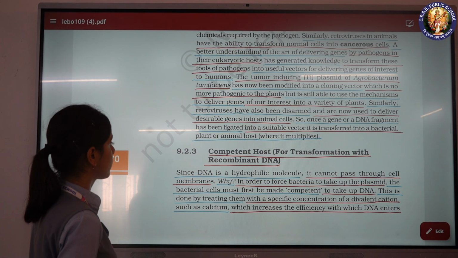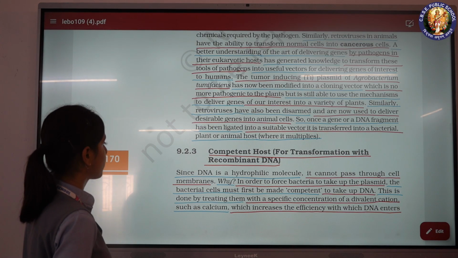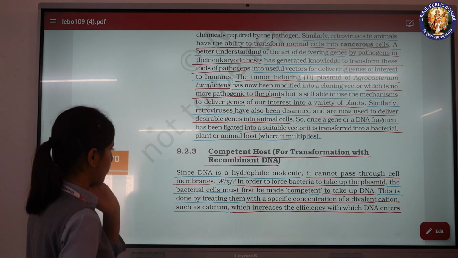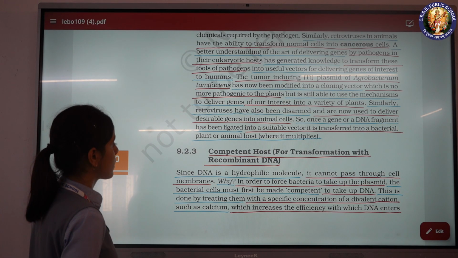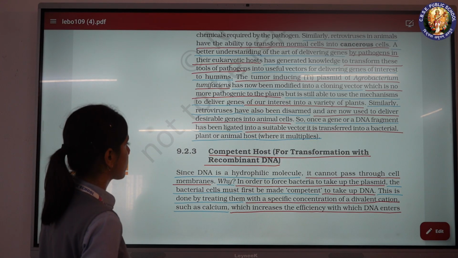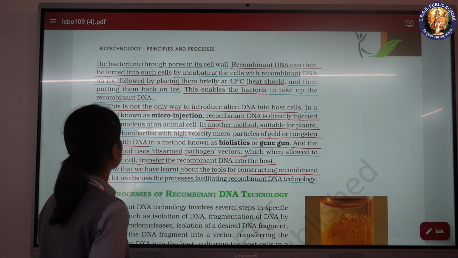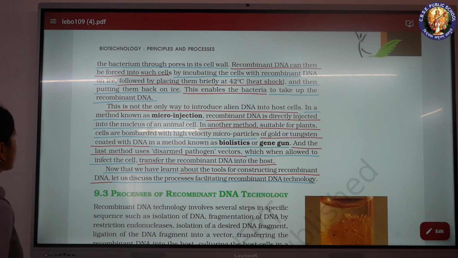This is done by treating them with a specific concentration of a divalent cation, such as calcium, which increases the efficiency with which DNA enters the bacterium through pores in its cell wall.